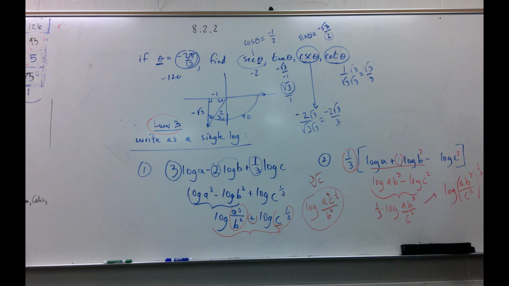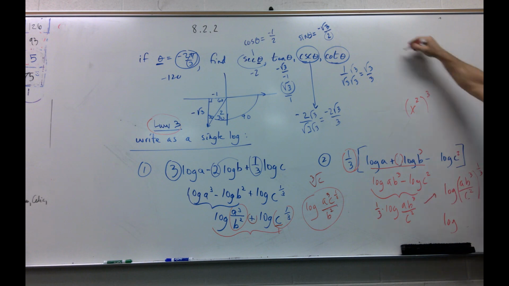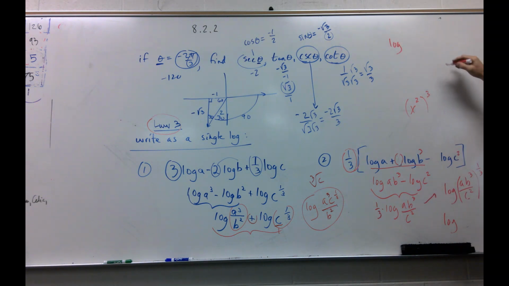Now, I don't know if they left it here, but what we have is a power to a power situation where, remember, if you have x squared cubed, I think I'm running out of space. So I'm going to rewrite this right here. So log ab cubed over c squared. I don't know if this is cut off on your screen or not, so I'm just rewriting this right here.